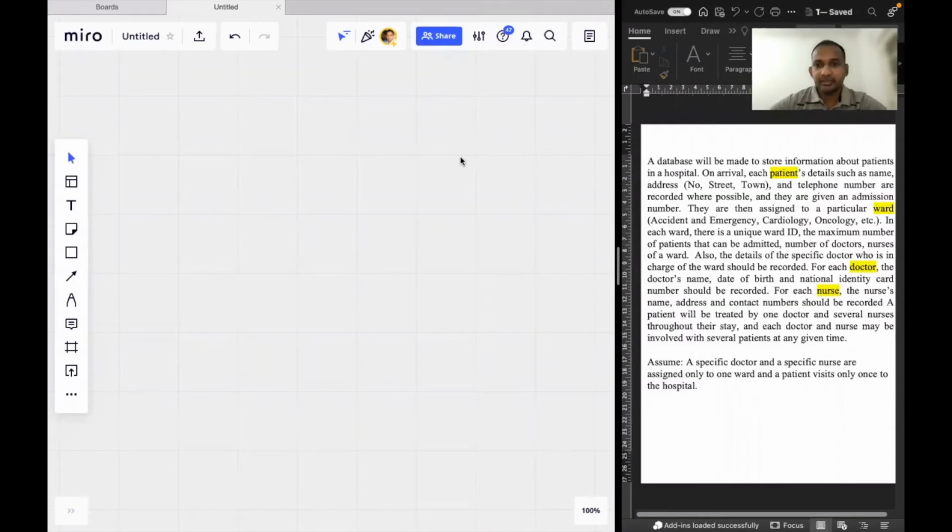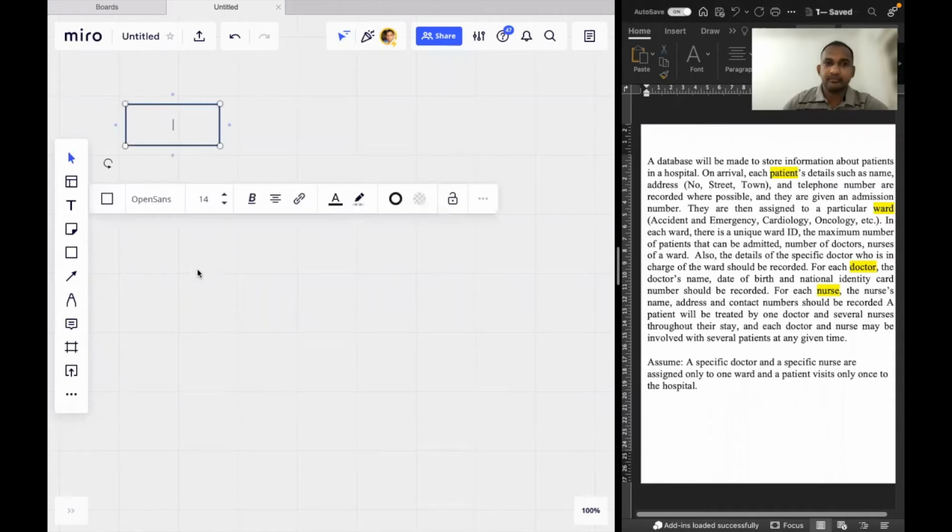Let's draw this ER diagram. First we will draw the patient entity. Remember that entities are denoted by a rectangle in an ER diagram. Therefore, I will use a rectangle. In the middle you can put the name of your entity.